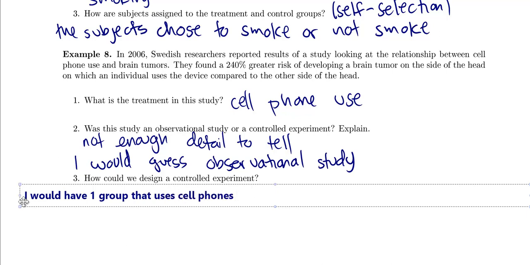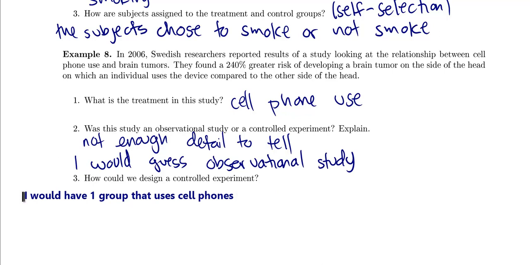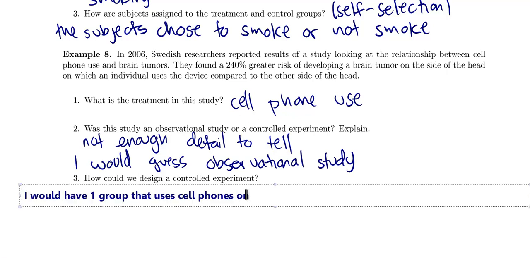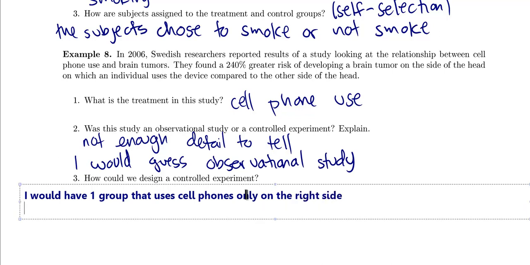And because we're looking at which side of the head they develop a brain tumor on, I'm going to say that they can only use cell phones on the right side of their head. And then I would have one group that can't use cell phones, so that we can see if the cell phones are causing this.